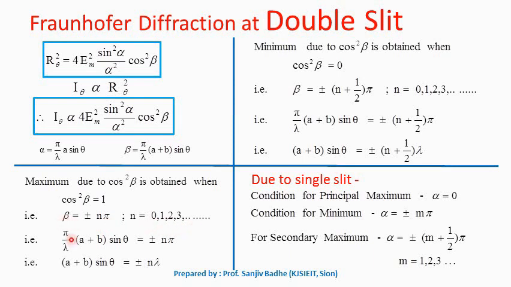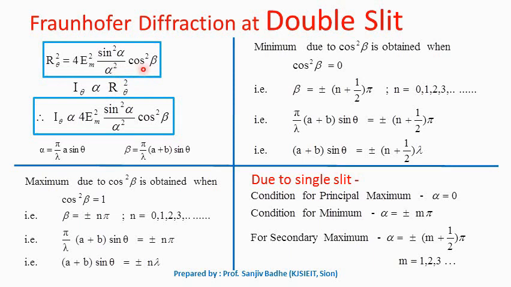What is beta? Pi by lambda (a plus b) sin theta. So pi by lambda (a plus b) sin theta equal to plus or minus n pi. Pi will get cancelled, lambda taken to the other side, and we get (a plus b) sin theta equal to plus or minus n lambda as the condition for maximum due to cos square beta.